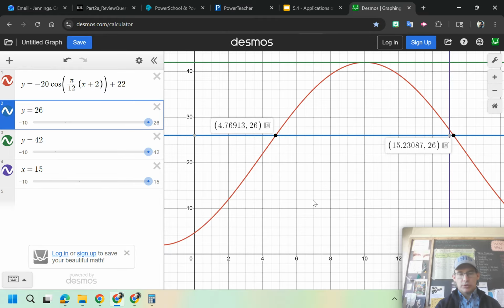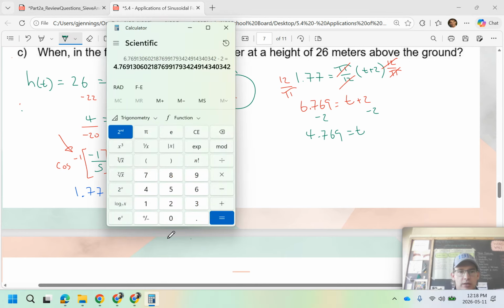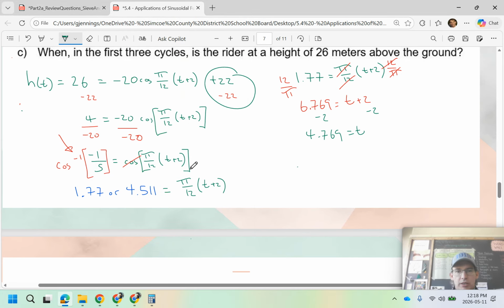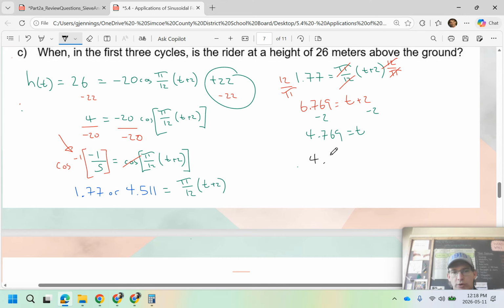And yes, no quarter period help available here. We just have to use this number, 4.511. We are going to multiply that by 12 on pi. I'll write it out. If you start with 4.511, this number here is equal to pi by 12 multiplied by t plus 2.